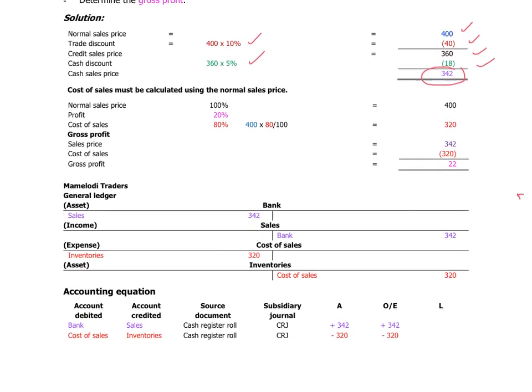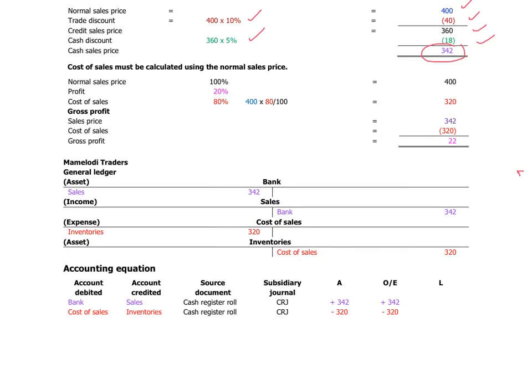Because the goods were sold for cash, the money is deposited in the bank and the bank is debited with 342 because assets increase on the debit side. So in the accounting equation, we will also show that the bank was debited and that assets increased with 342.